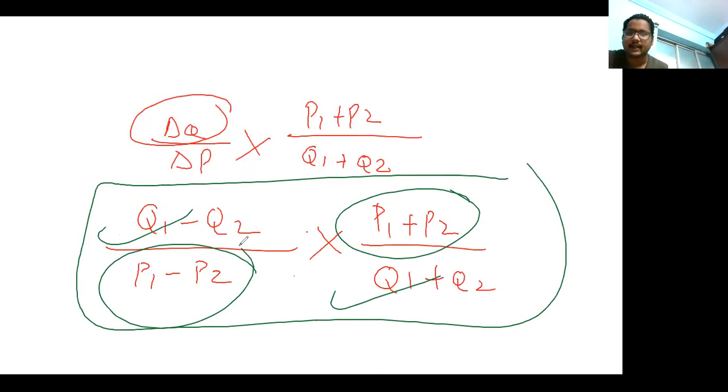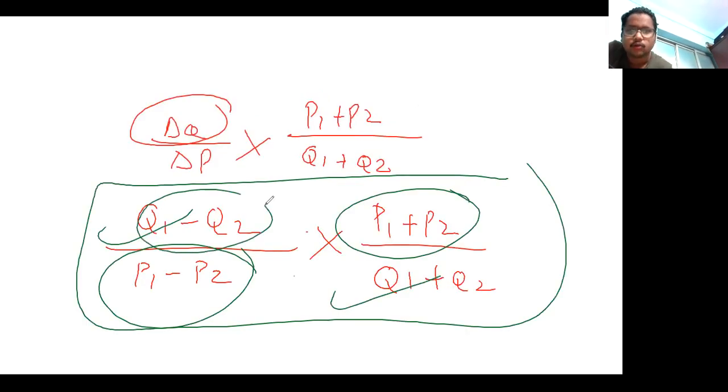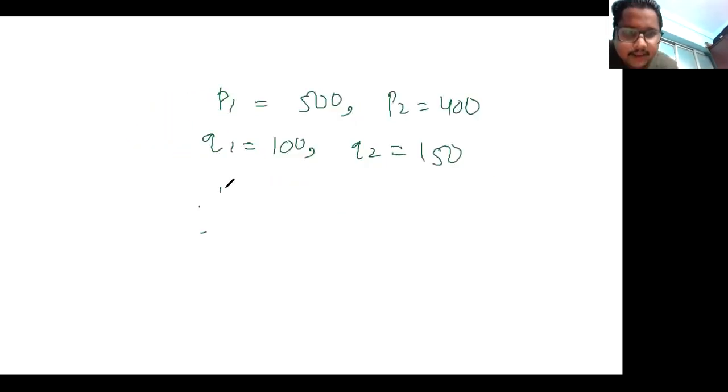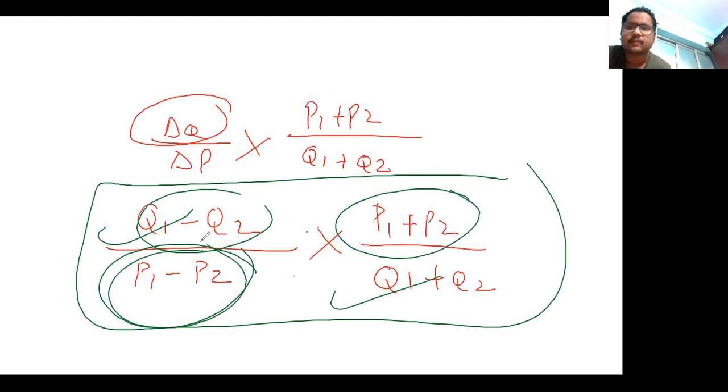Now let's take an example. Suppose my P1 was 500 and P2 was 400. Similarly, suppose Q1 was 100 and Q2 was 150. Now if I put that in the formula of arc elasticity, I'll get Q1 minus Q2, Q1 that is 100 minus Q2, divided by P1 minus P2.